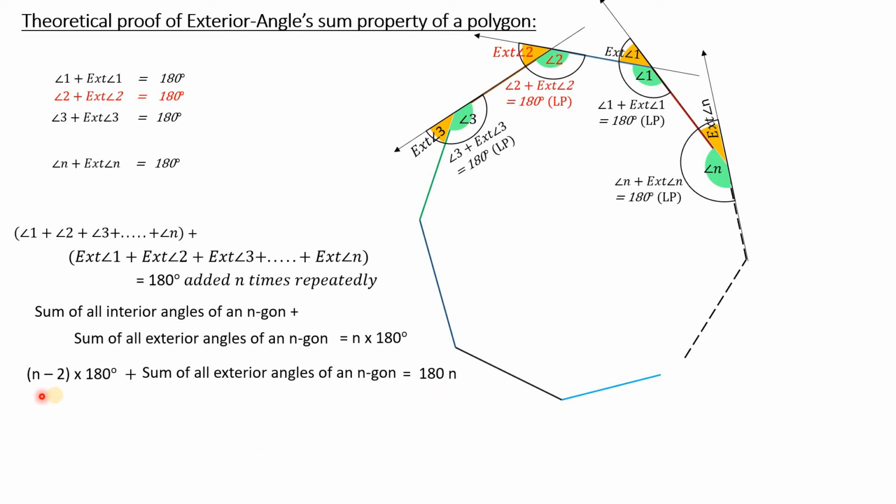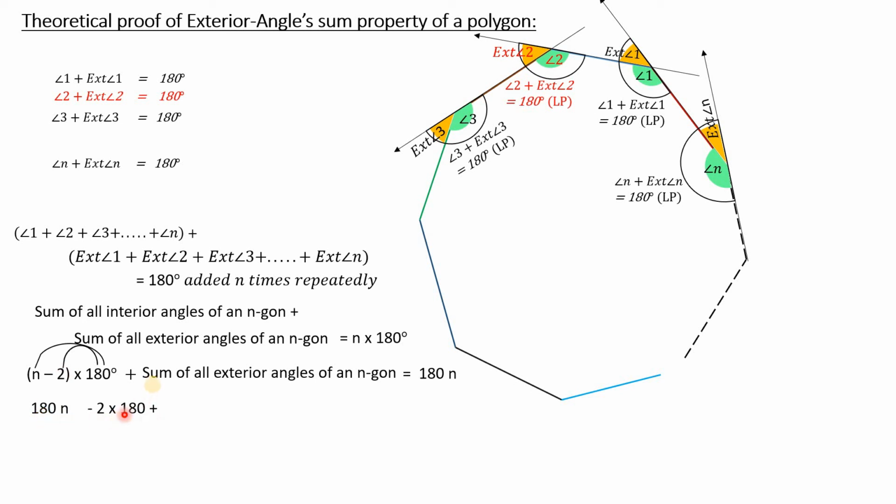Now if you see this one, this is in the form of the distributive property. So we can expand this. We can multiply 180 and n one time, which is 180n, and then multiply 180 by minus 2. So it is minus 2 times 180. The negative will come here because of the negative term, negative 2 times 180.